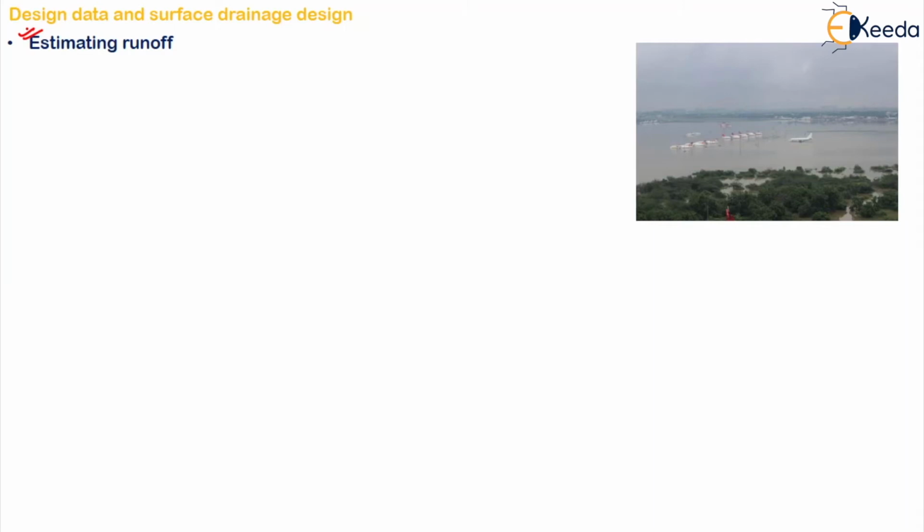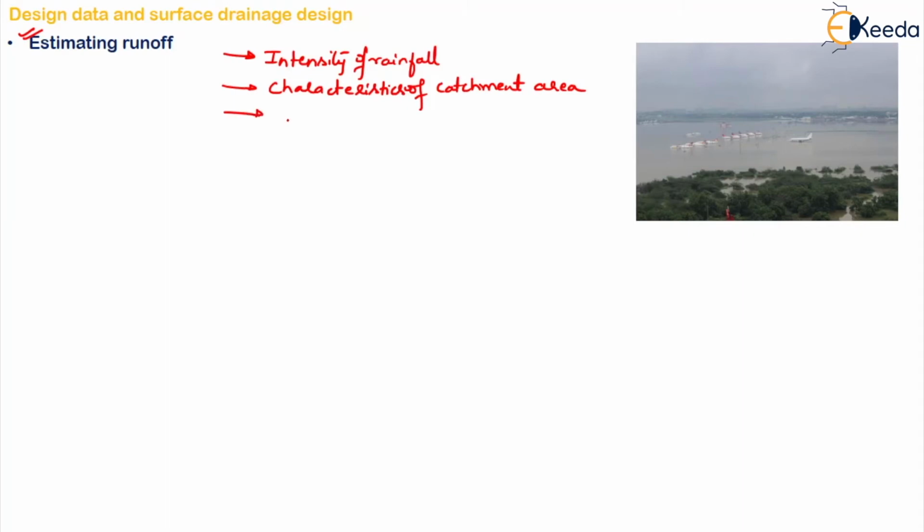It will involve various factors such as the intensity of rainfall, the characteristics of the catchment area in which the rainfall is to be collected, the duration of storm, etc. The rational method is generally adopted for the estimation of the runoff for the airport surface drainage system. So this is the method we use.